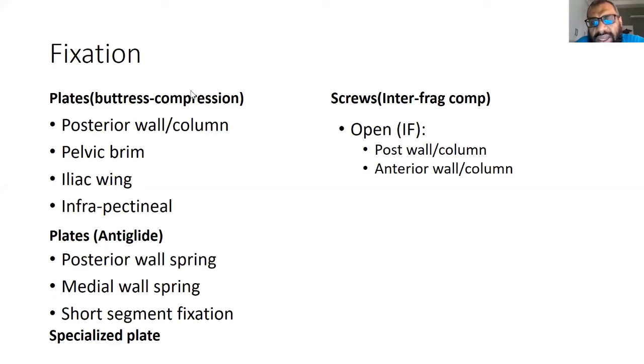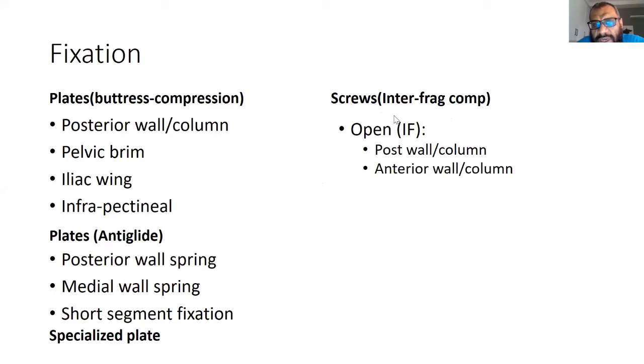The other way is that you can put the screws. The screws are the most useful and most important tool in fixation of acetabular fracture, because it is not cumbersome. You don't put much metal, and it allows you good compression and absolute stability.